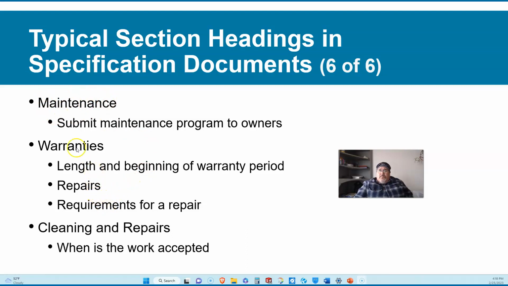Letting the owners know that certain products have warranties, the length of those warranties, making sure that products are installed in compliance with the warranties so that owners are ensured that warranties, for example, a roof, you may purchase a roofing system that will provide a 50-year warranty for labor and material, or for material. And in order for a warranty to be qualified for that full term, it needs to be installed in accordance with that.